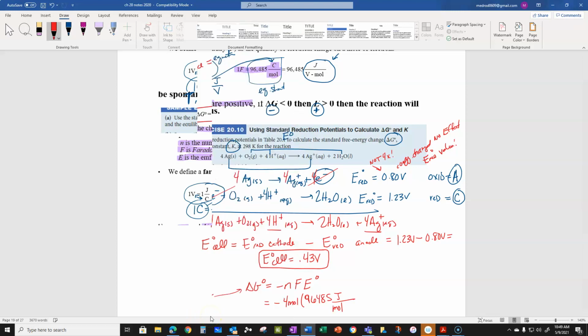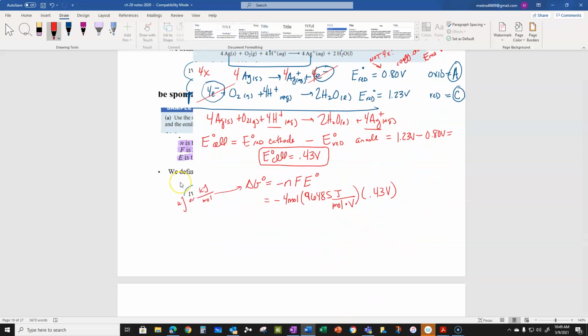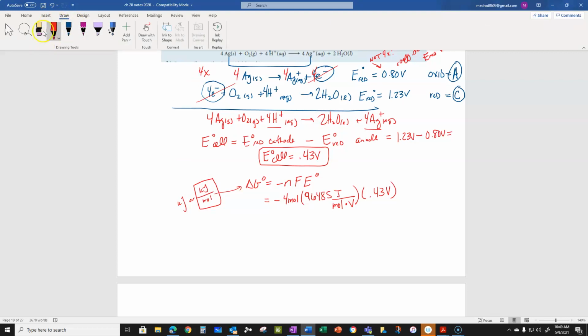Sometimes it'll have both. Most of the time, it just has kilojoules per mole. So J per volt right there. It doesn't matter which one goes in which order. And then my E cell was 0.43 volts. Now, because delta G usually has this unit instead, I'm going to take this word mole out because it's not needed, because I want that mole to stay there.